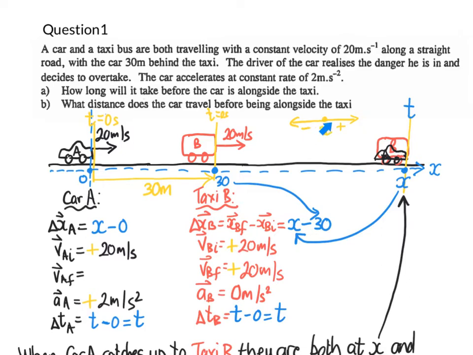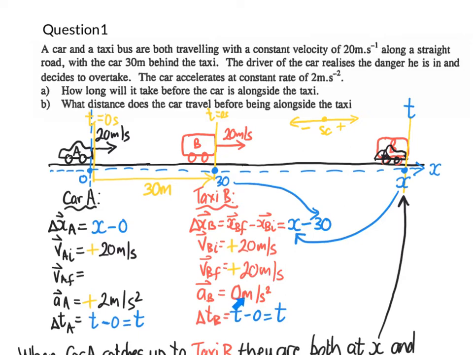I've defined a sign convention where positive is to the right and negative is to the left. Now, both initial velocities are 20. The truck is not going to change its velocity. It's going to continue at a constant velocity, so its final velocity, wherever these two meet up, is still going to be 20 meters per second.